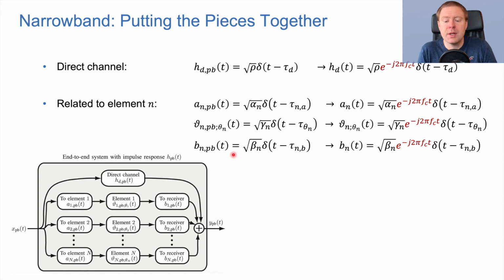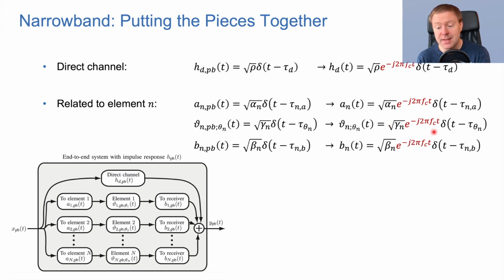Within the surface, we assume that what can happen is that we have an amplitude loss, which is a constant, multiplied with delta of t minus a time delay. And this is the delay that we can control by our control variable theta n.